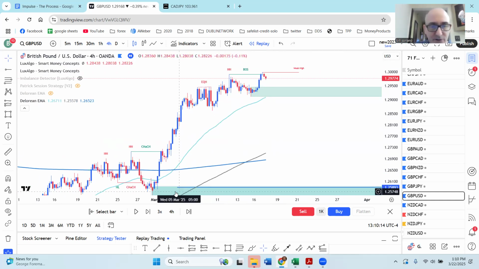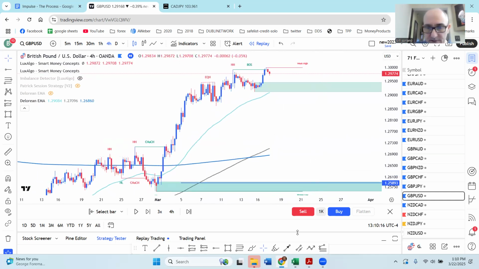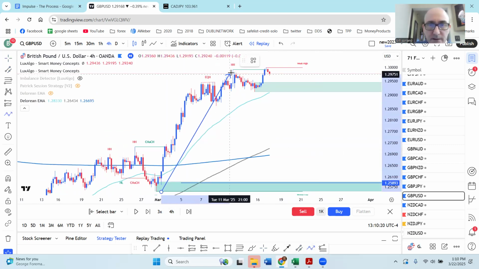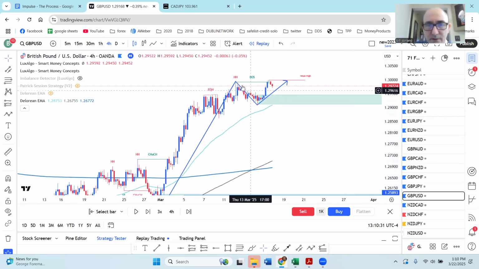Okay, again, here's your last zone down here. Look at this impulsive move up to here. Price then reacts downward, and then you get a move up that does just barely break structure, right?